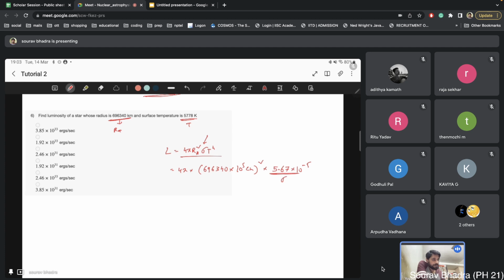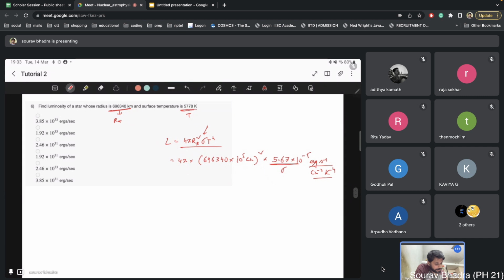And the unit will be, just go through the book if I am doing anything wrong, I also forgot. Might be this is the unit of the sigma, and your T is 5778, written K to the power 4.